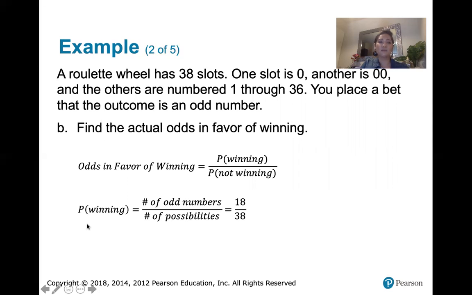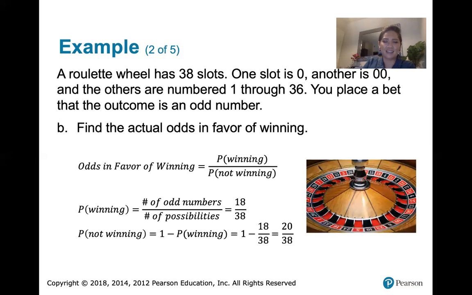The question is, well, what's the probability of not winning? Well, if 18 of those numbers are odd and there are 38 slots, the rest of them would not be odd, and that would lead to not winning. So you can just say, well, if there are 38 slots and 18 lead to winning, I guess 20 must lead to not winning. Or you can use the formula. You're going to get exactly the same amount.